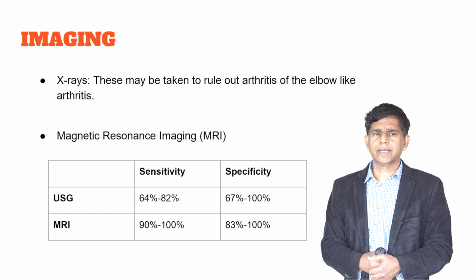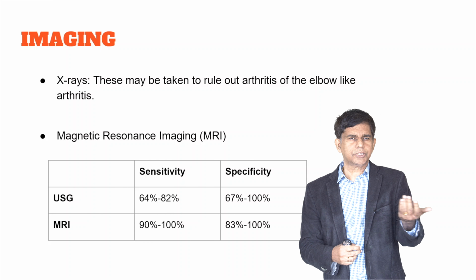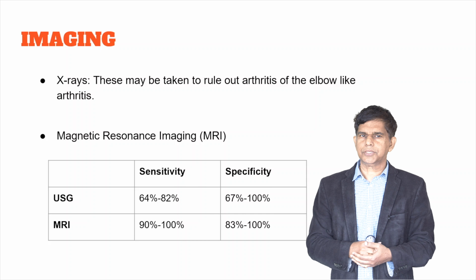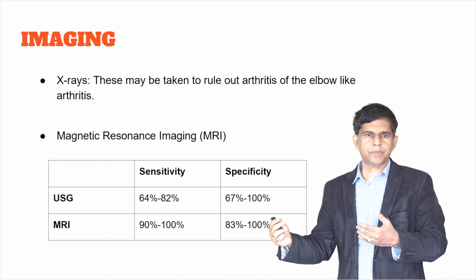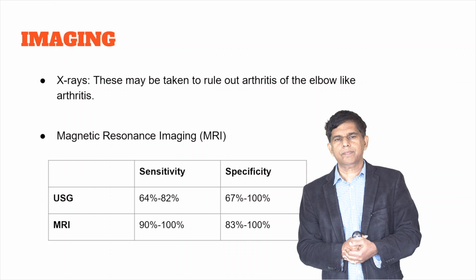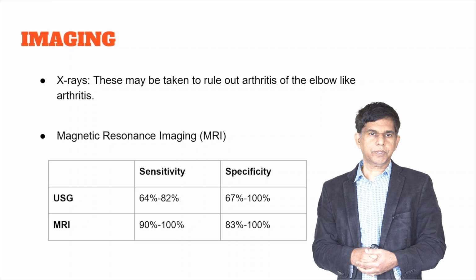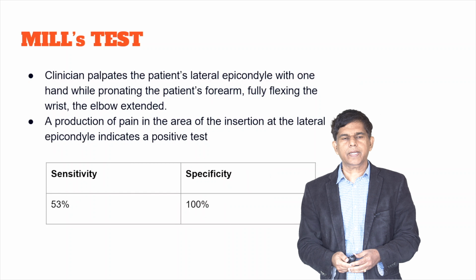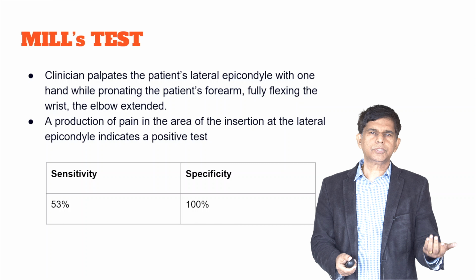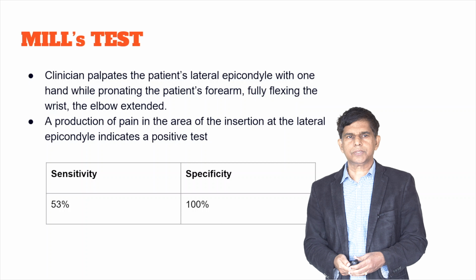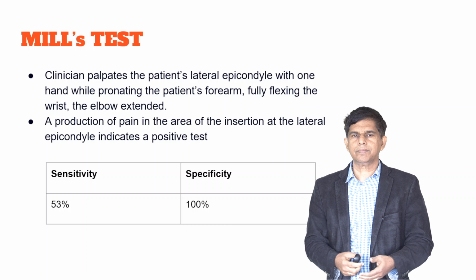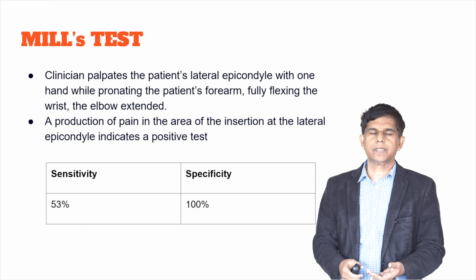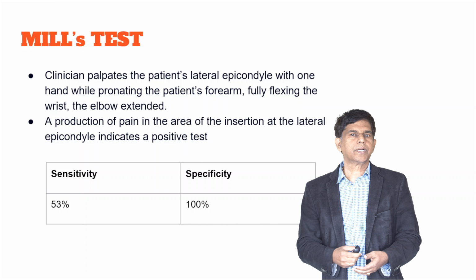For MRI and ultrasound, the sensitivity and specificity are pretty high, 64 to 82% and 67 to 100%. MRI has very high sensitivity and specificity, a very accurate test, okay? But most times you don't need this expensive test. Mainly, clinical examination and the Mills test and the other tests will allow you to come up with a diagnosis.